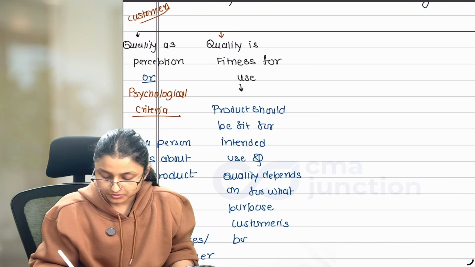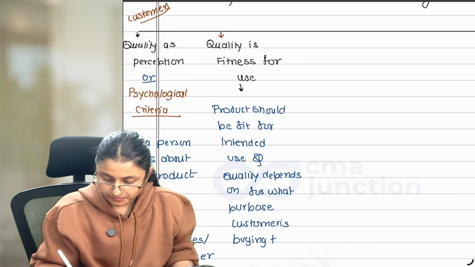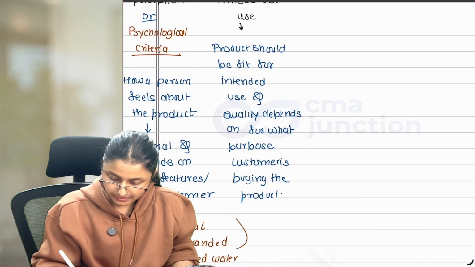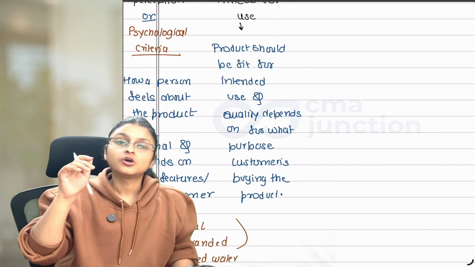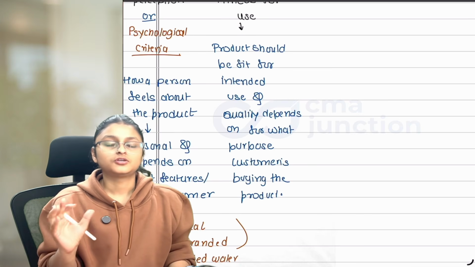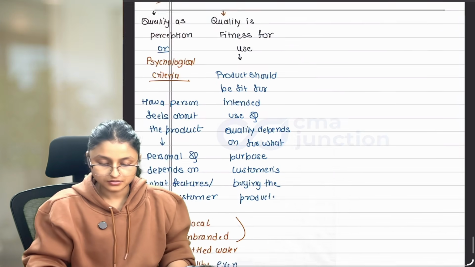So for what purpose you are buying that product, on the basis of that fitness for use will be decided. Like we have seen the example, if you want to go for mountain rides, then you can't depend on a Mercedes, you need to go for a Jeep.